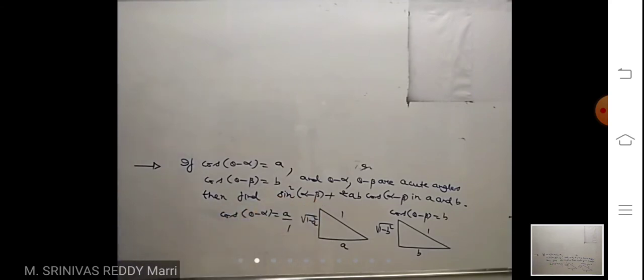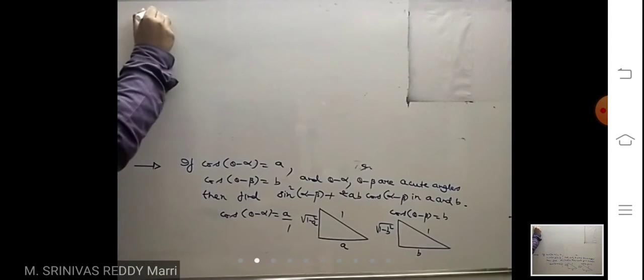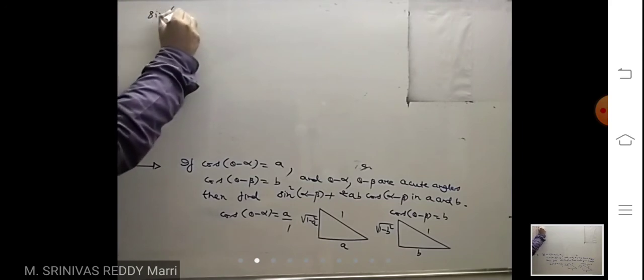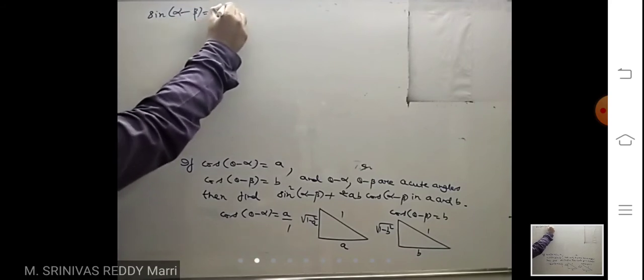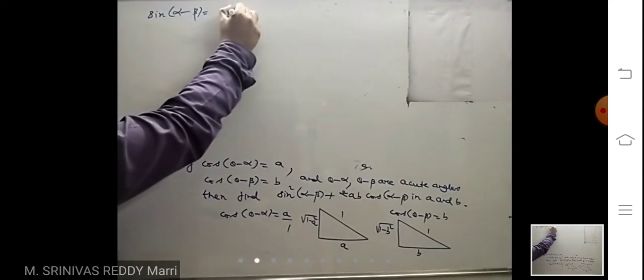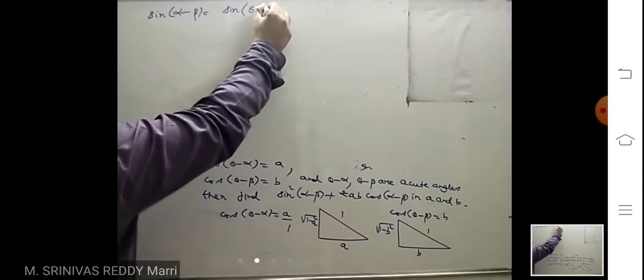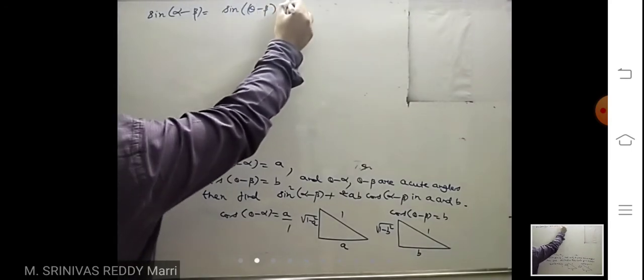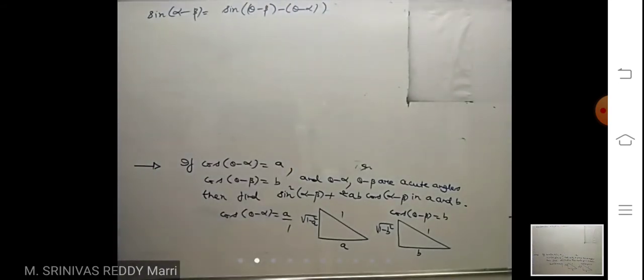So now look at the sine of alpha minus beta. I am calculating that one. I can write it as theta minus beta minus of theta minus alpha.